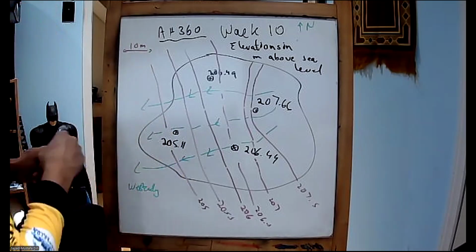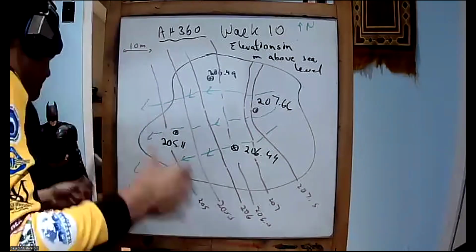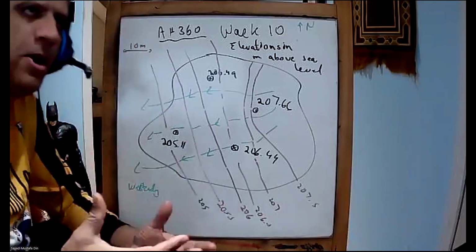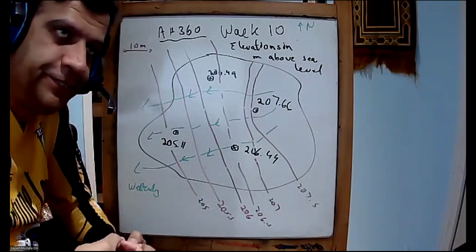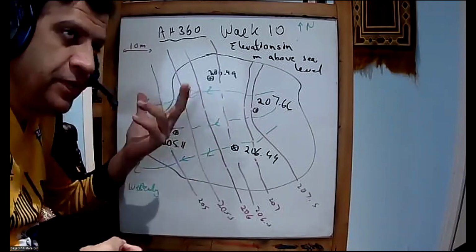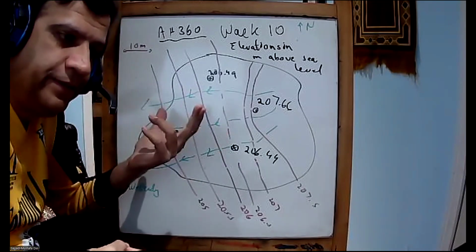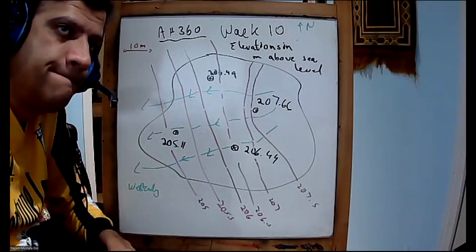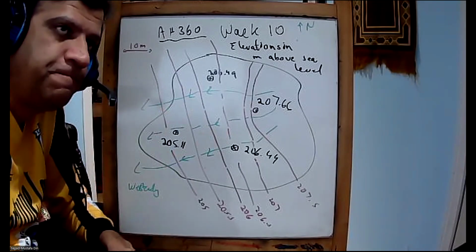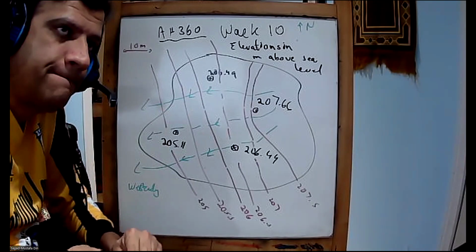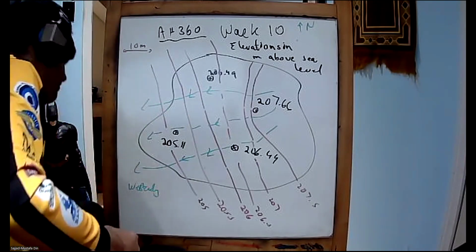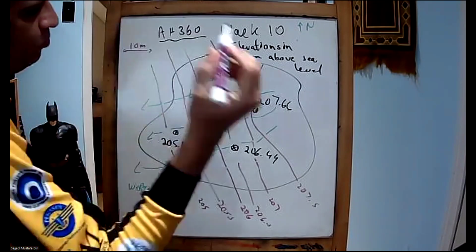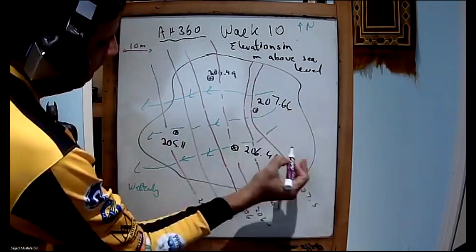Now, you've got the flow direction. Can you also determine the hydraulic gradient? How do you do that? You've got this information. Pick 2 points. You can even use contours.